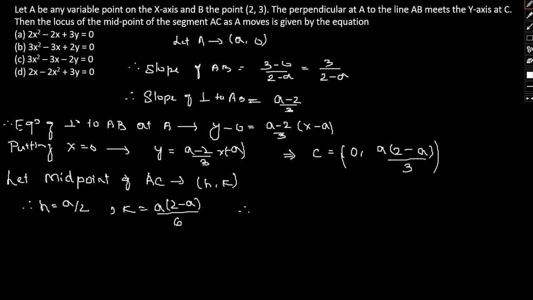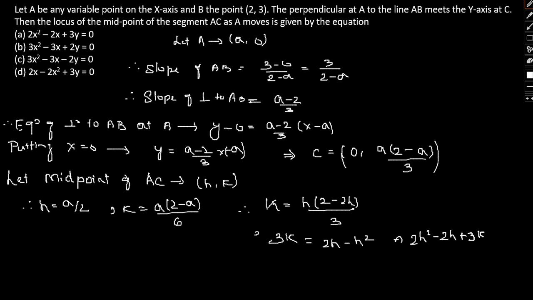So therefore k can be given by (2 minus 2h) times 2h by 3, which gives 3k equals 2h minus 2h squared, further 2h squared minus 2h plus 3k equals 0. So therefore the locus will be given by 2x squared minus 2x plus 3y equal to 0.